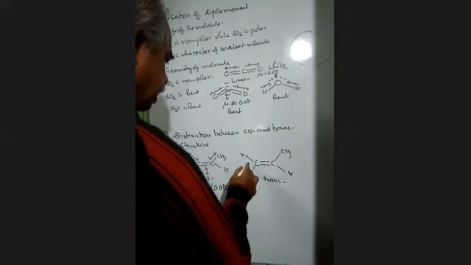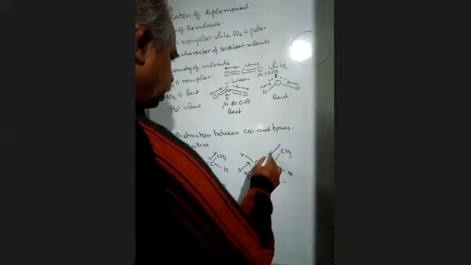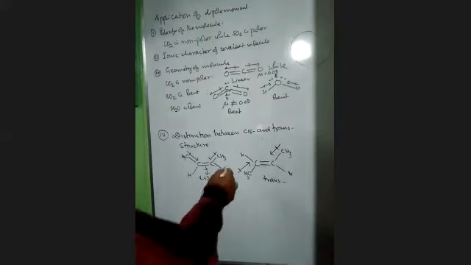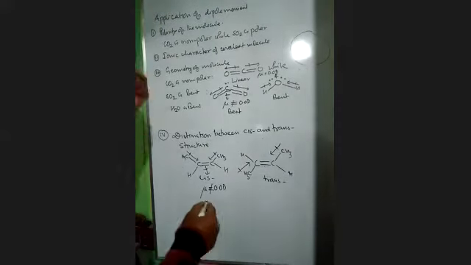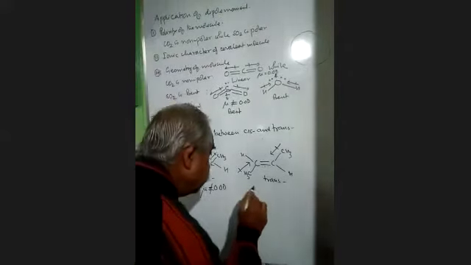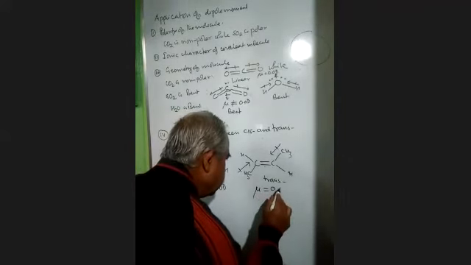But in this case, see here. This is in this direction, and this is in this direction. So they cancel each other. So here what we will find, mu is equal to 0.